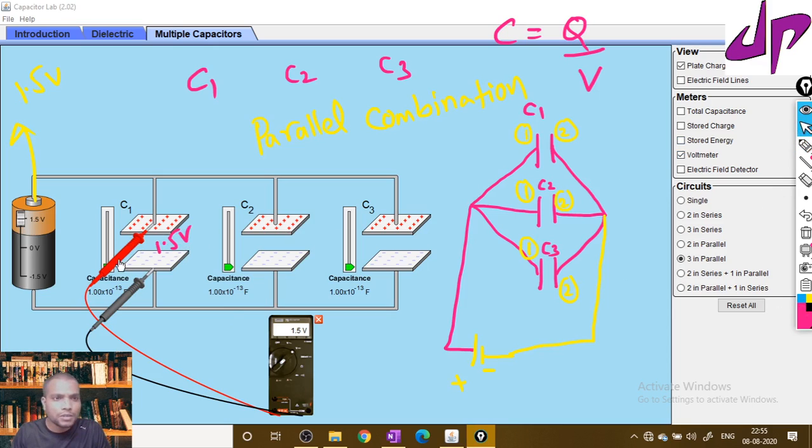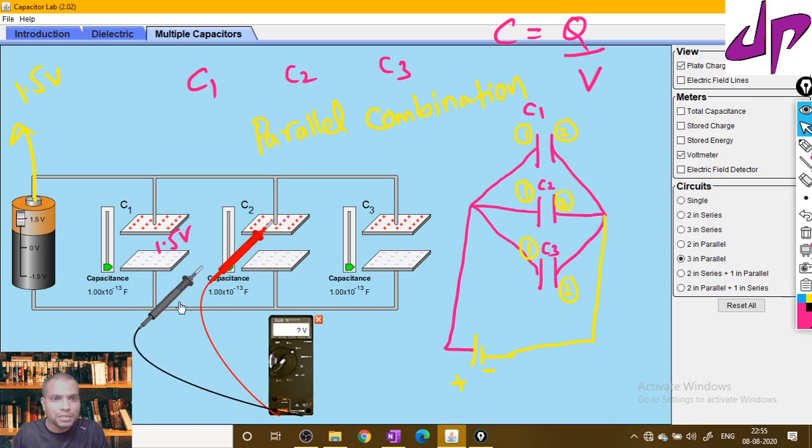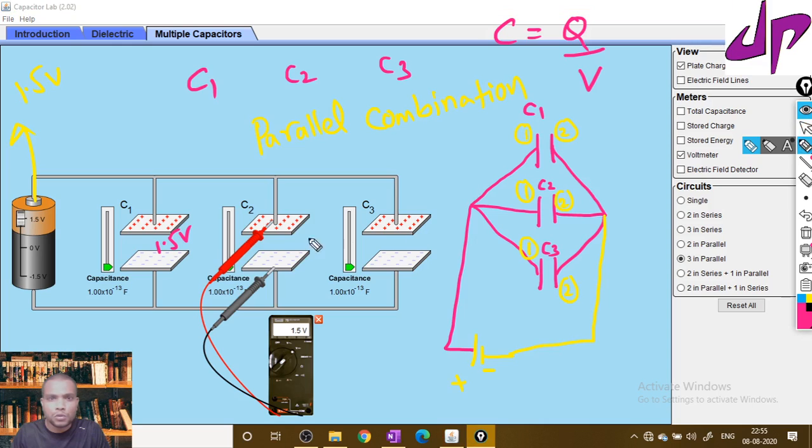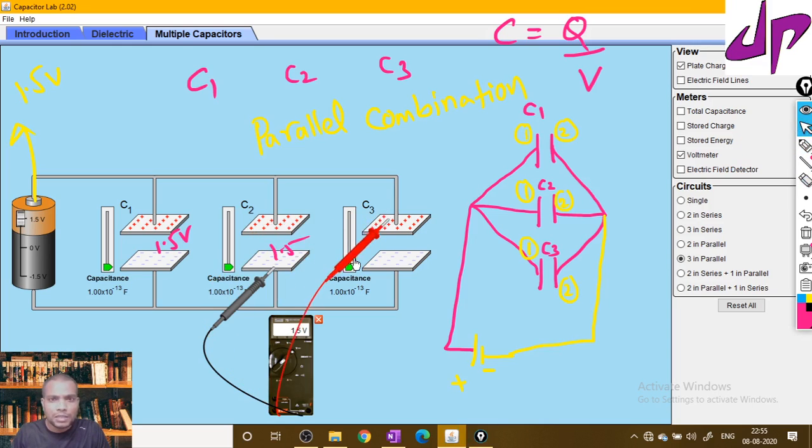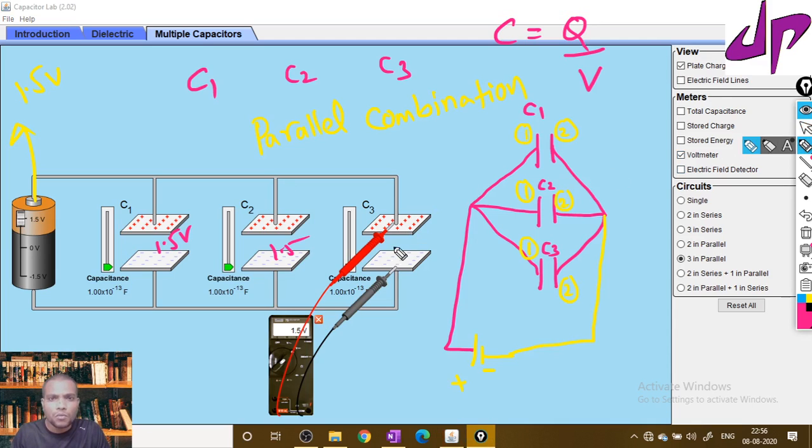Likewise, if you measure the potential difference between the plates of capacitor C2, it also shows 1.5 volts, and for the third capacitor C3, it also shows 1.5 volts. Yes, they have a common potential. Why?